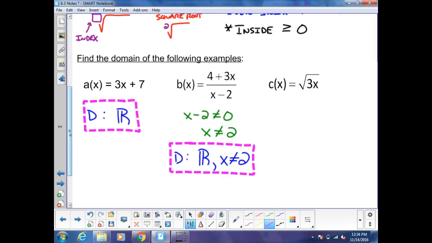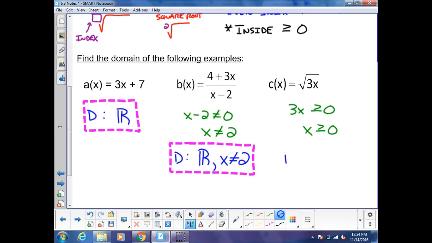Function C. Do I have a fraction? No. Do I have a radical? Is it an even index radical? Yes. So the insides has to be greater than or equal to 0. So x here has to be greater than or equal to 0.